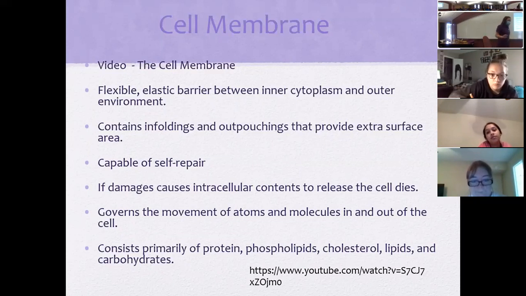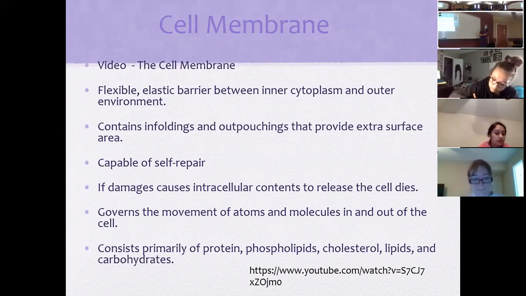And this cell membrane also consists of a phospholipid bilayer. We talked about that in the last chapter. We had our hydrophilic heads facing the outside and our hydrophobic tails facing the inside. And we compared that to the buffalo.